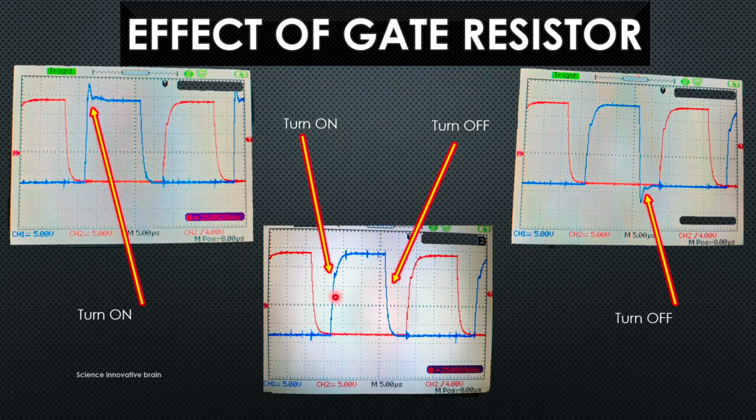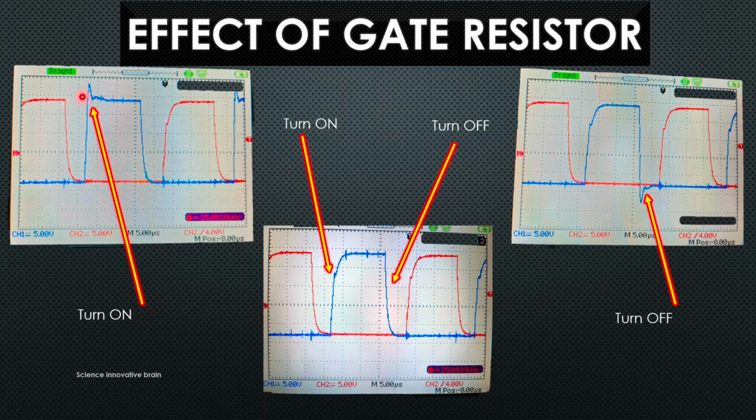But if you make this resistance a little bit lesser than what I have selected here, then you will get this type of rise time and fall time.